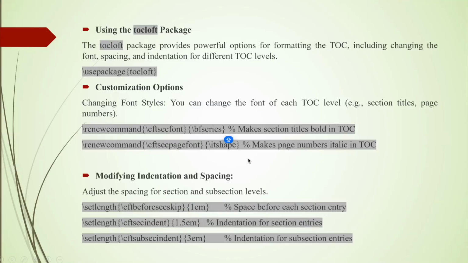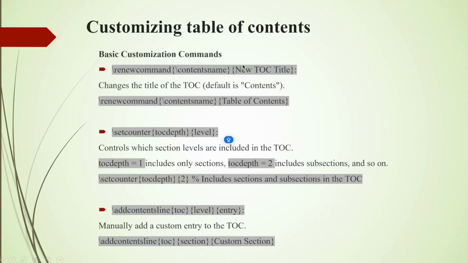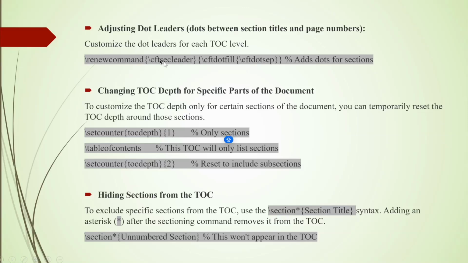Then we can similarly customize the titles of contents. Now we can adjust the dots, and also customize the dots. We have already learned this: for only sections, we write 1, and with 2 it includes subsections. If we write 3, then sub-subsections are also there. We can hide the sections from the table of contents by using the star mark, asterisk.